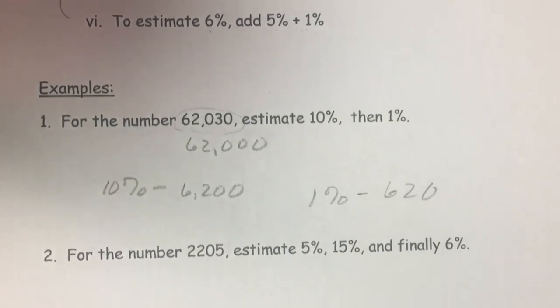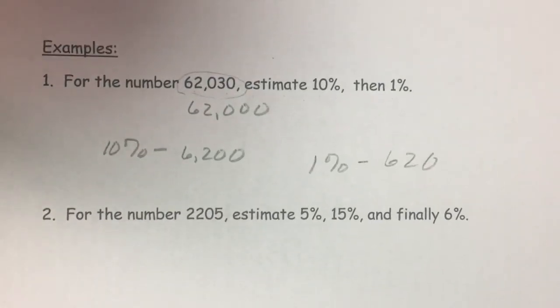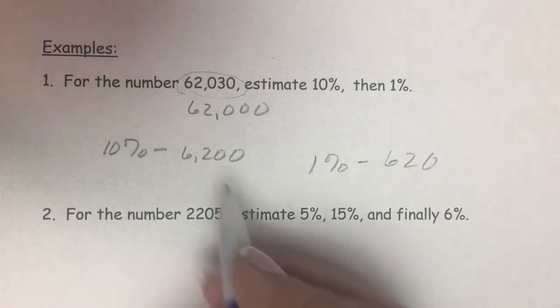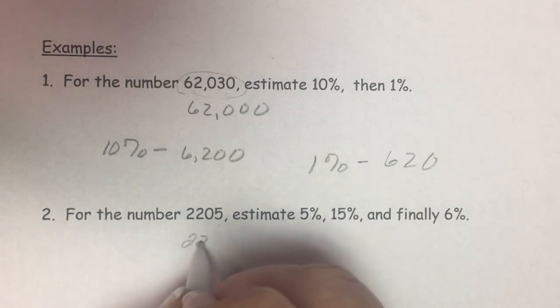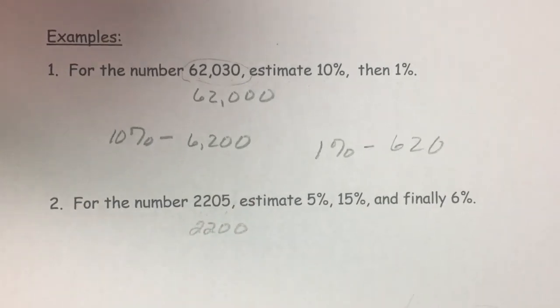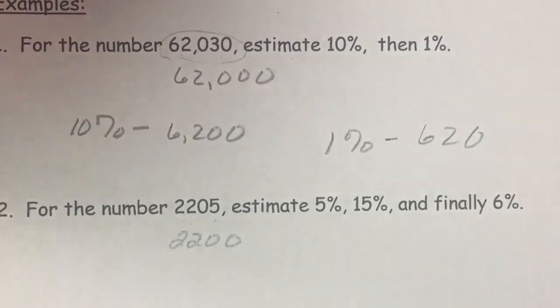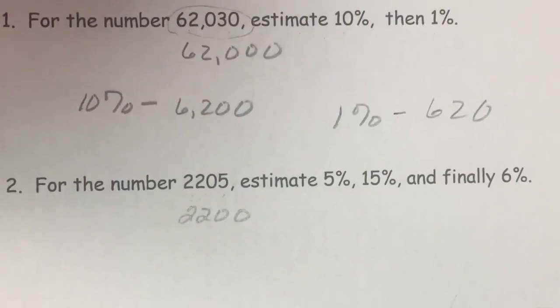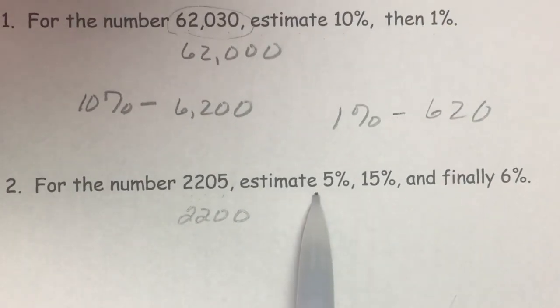Okay, now let's go ahead and do number 2. It says for the number 2,205, and I don't know, let's estimate that. We could go 2,000, but let's estimate it at 2,200. And again, it's an estimate, so it really doesn't matter what you round to. So it says estimate 5%.